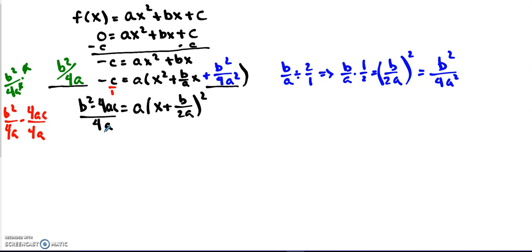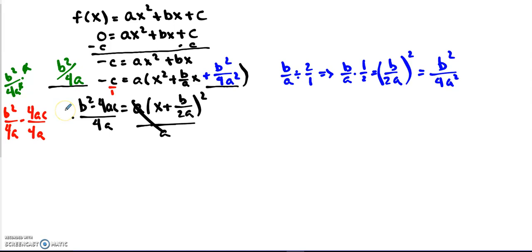Now our next step to continue to solve would be to divide everything by a. That would be our next step. So let's cross that out. And let's see, dividing by a is going to have us do something a little more interesting on this side.